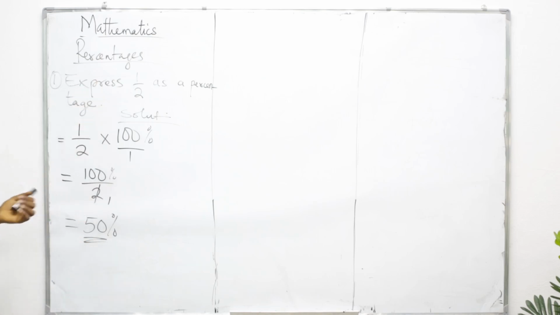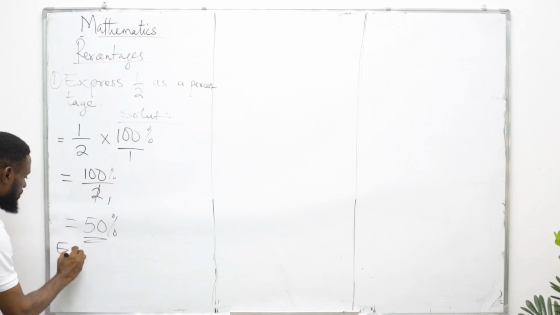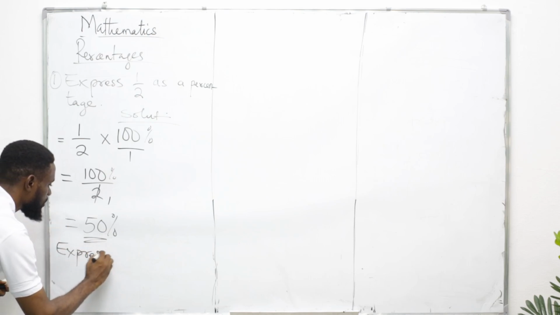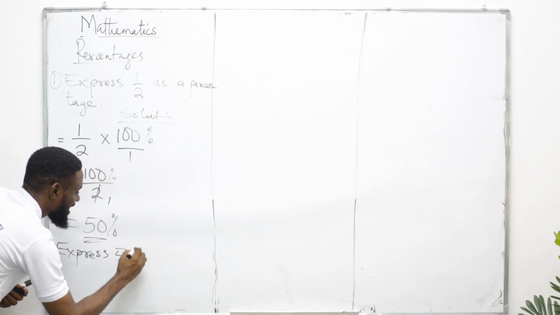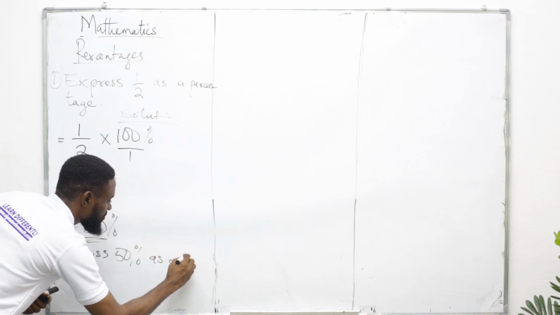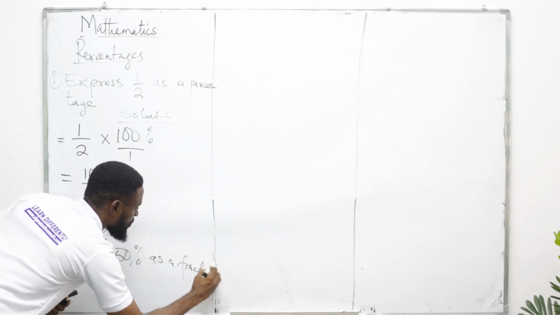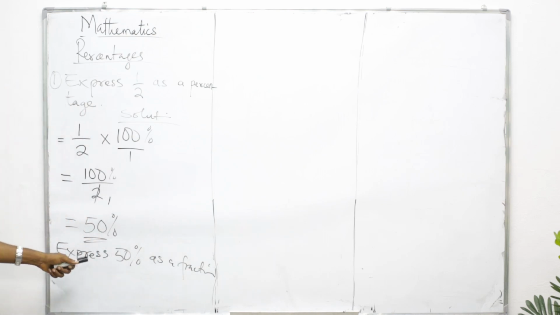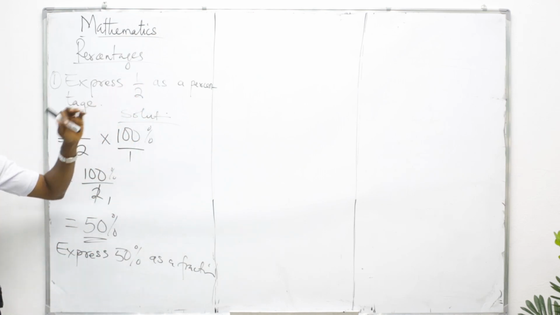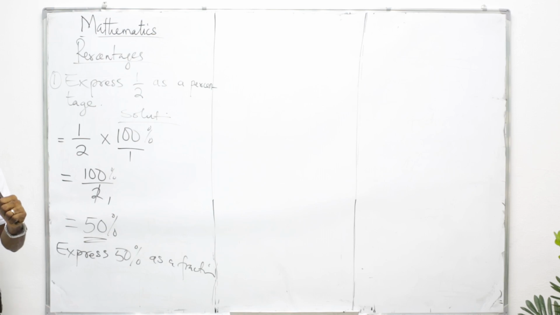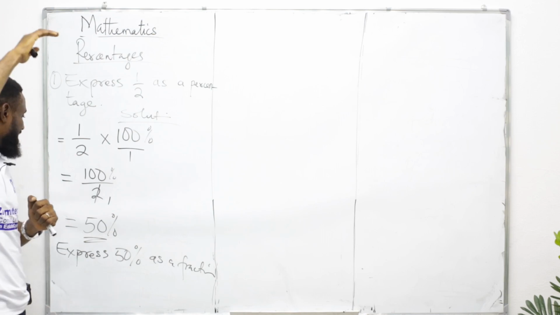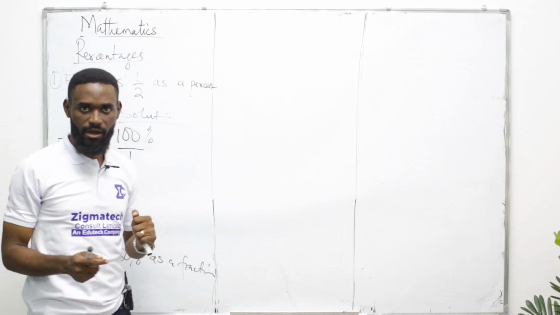Let's see if we can convert this thing to fraction. They can ask you in exam, express 50% as what? As a fraction. What they're asking you to do is to make this 50% to be in a fraction, where you have a numerator and a denominator. Do you understand me now?